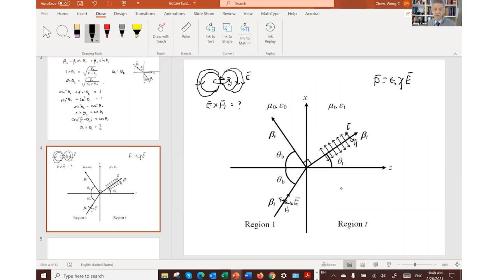Okay, you can go through your mental gymnastics and do E cross H, and you find that E cross H is 0 here. If you were to look at the two ends of the thing, E cross H is always 0, because at the two ends of this dipole, the electric field is completely radial.